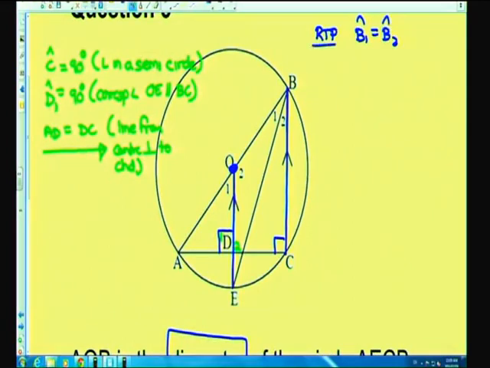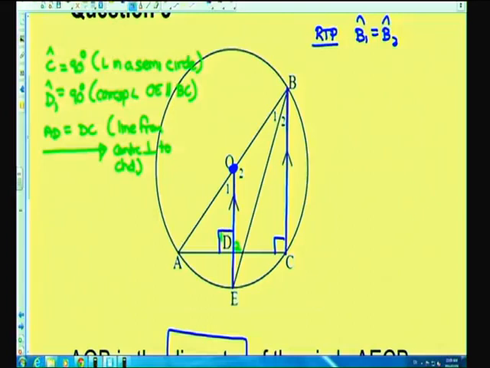Now I find if you do that, it's just so much easier to work with it. So now what I would do is I'd say, okay, let's find something equal to B1, and let's find something equal to B2, and hopefully that something will be the same thing. So let's have a look at B1. If we look at B1, what is standing out for me is that is the center, which means that length equals that length.